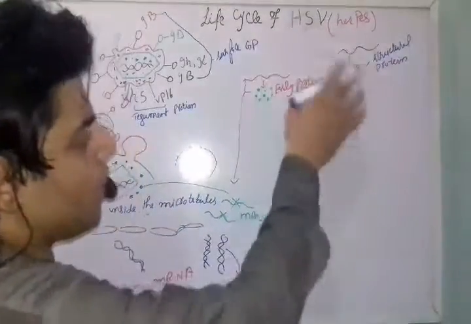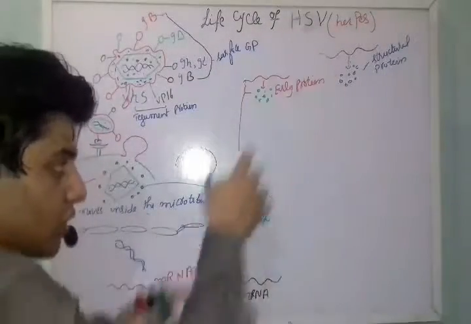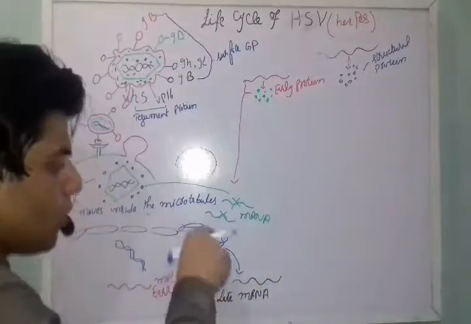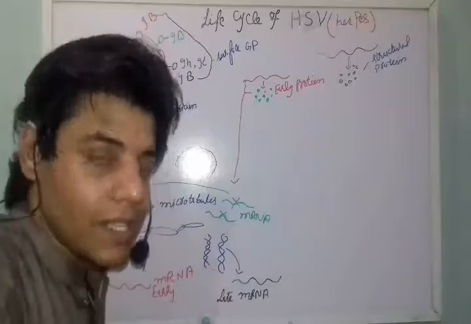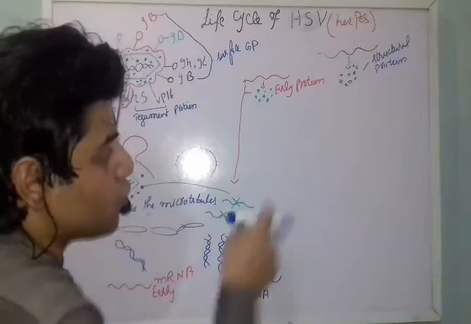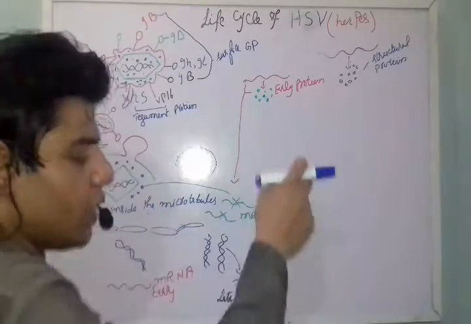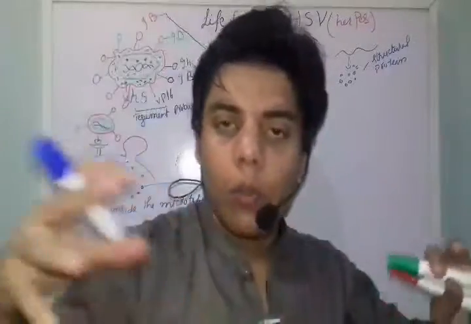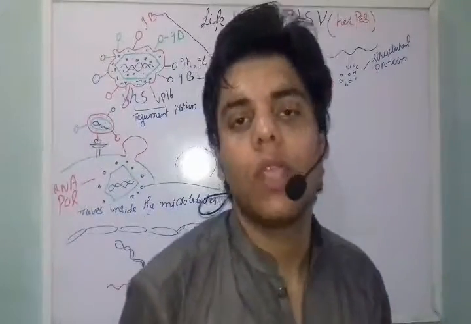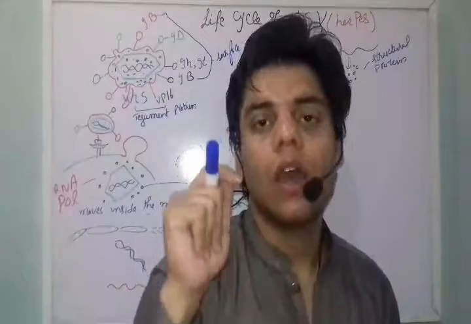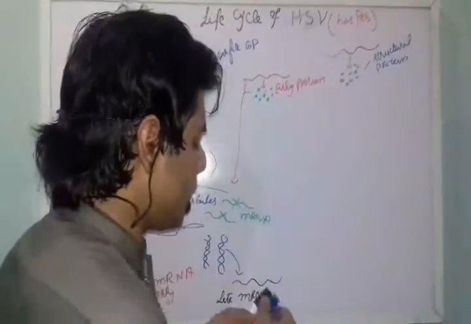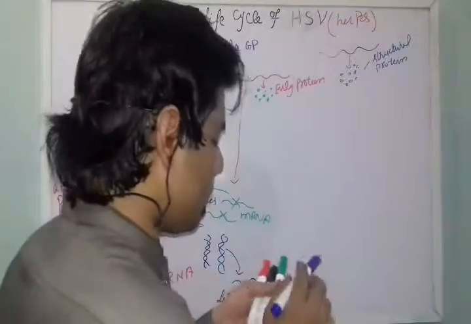Again, these structural proteins and mRNA go inside the nucleus. The structural proteins and the DNA combine together, and we get the capsid plus double stranded DNA. So we get just the naked portion of the virus.